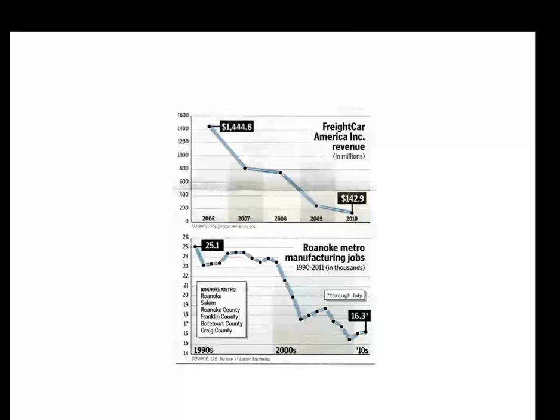But here's the more. The x-axis of the revenue graph extends from 2006 to 2010. The manufacturing job graph starts at 1990 and extends to 2012.